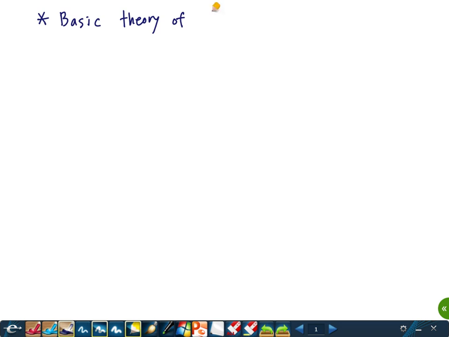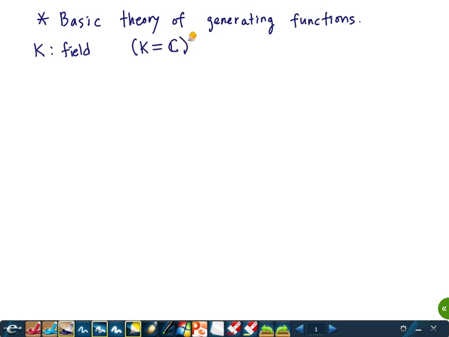So let's look at the definition first. Generating functions. Let's say K is a field, but we will be mostly dealing with C, the field of complex numbers. So you can just think of K as the set of all complex numbers. So it's going to be a field.